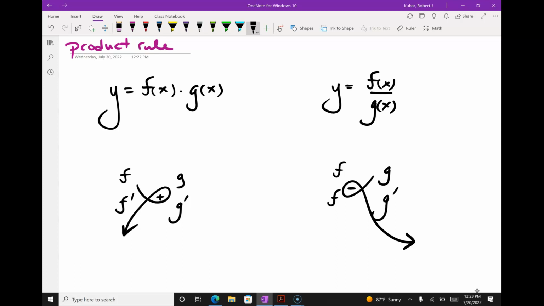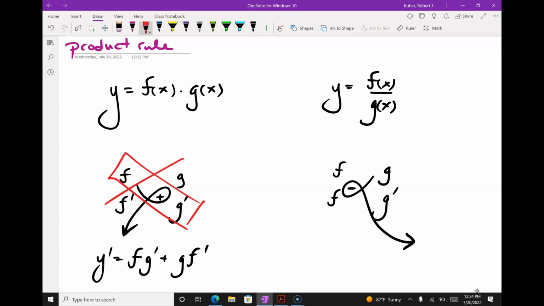Yeah. So product rule is fg prime plus gf prime. So you can see I'm doing this product plus this product, and a plus in between.